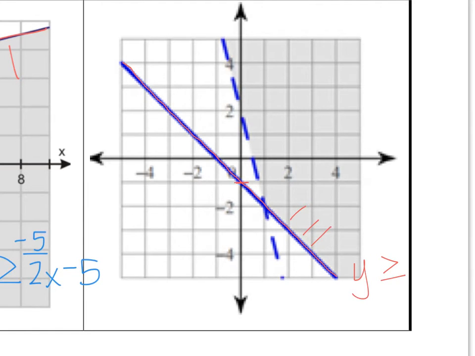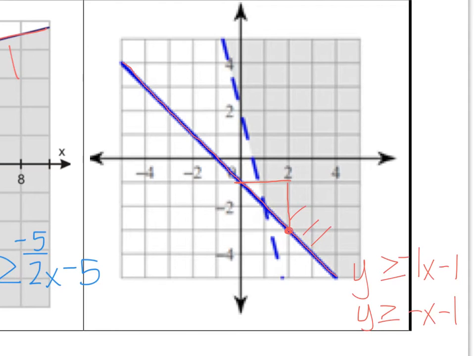My y-intercept is at -1, and my slope, I'm going to use this point 2, -3 over here. My rise is 2, and my run is 2. It's a negative slope, so -2 over 2 is just -1x minus 1. And we could also write that as y is greater than or equal to -x minus 1.